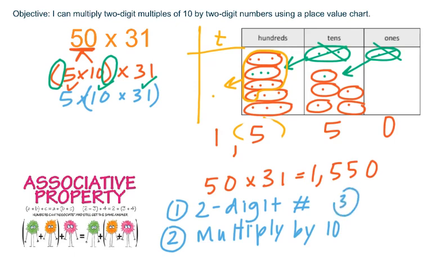And then third, I'm going to multiply by whatever that other factor is. Multiply by other number. And again, you can switch steps 2 and 3, but for the sake of your problem set and being consistent, let's get in the habit of multiplying by 10 first, and then multiplying by that other number, whatever that other factor of your multiple of 10 is. So in this case, it was 5.